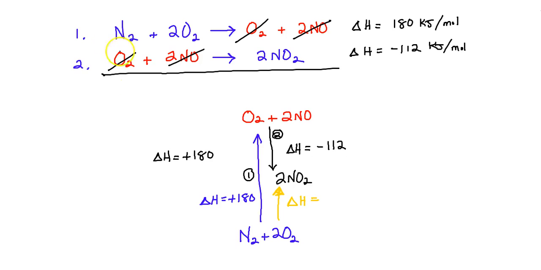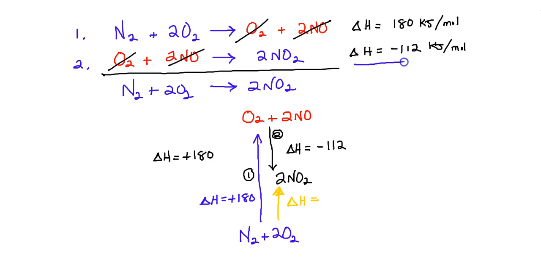And the overall reaction is N2 plus 2O2 gives me 2NO2. So in this case, when I put them together, I get the overall.